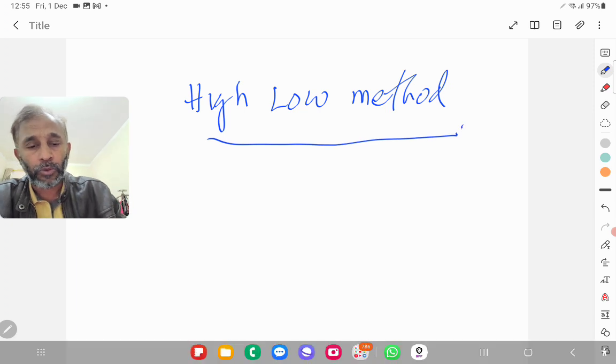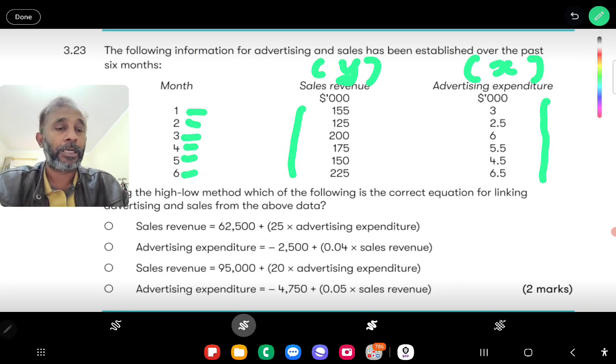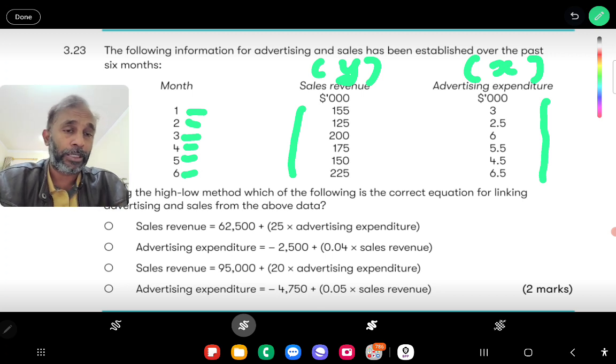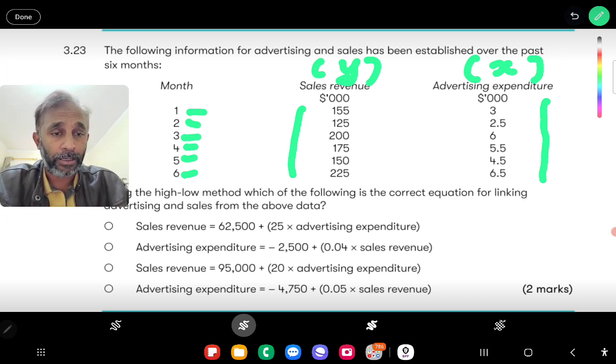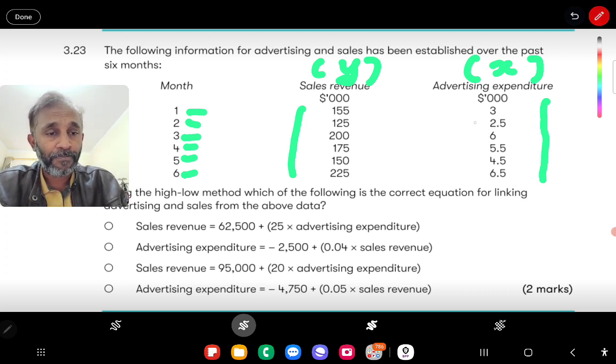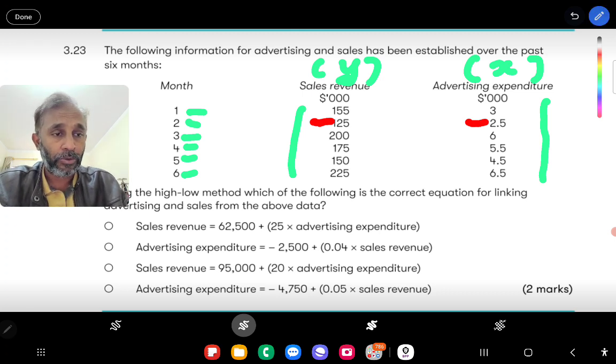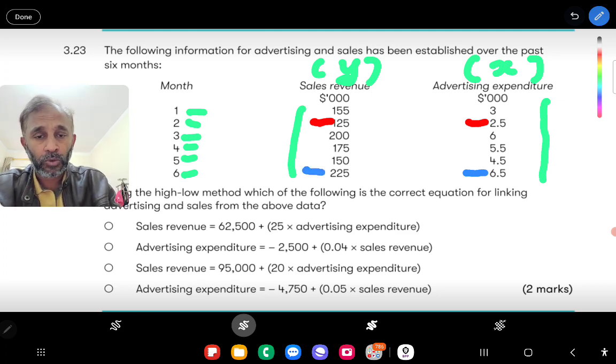In this, you choose the highest advertising expenditure and the sales revenue against that, and also choose the lowest advertising expenditure and the sales revenue against that. The lowest advertising expenditure here is 2.5, and against that the sales revenue is 125, and on the other hand the highest advertising expenditure is 6.5 and the sales revenue is 225.